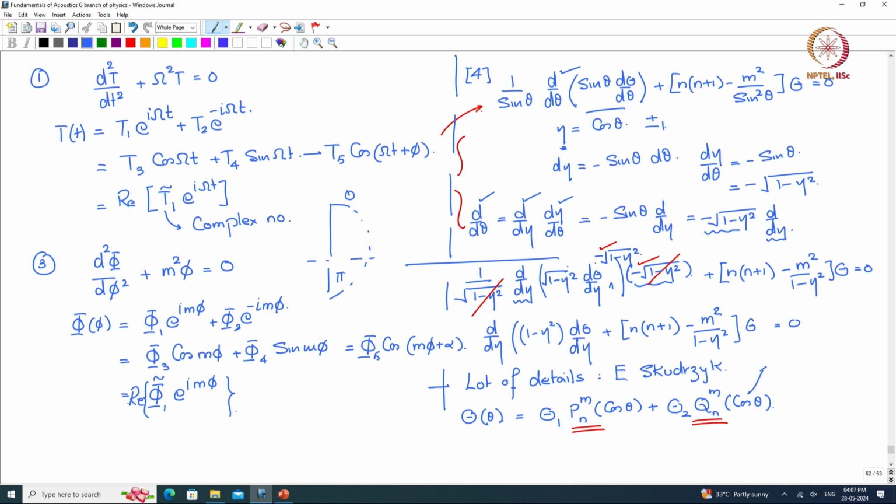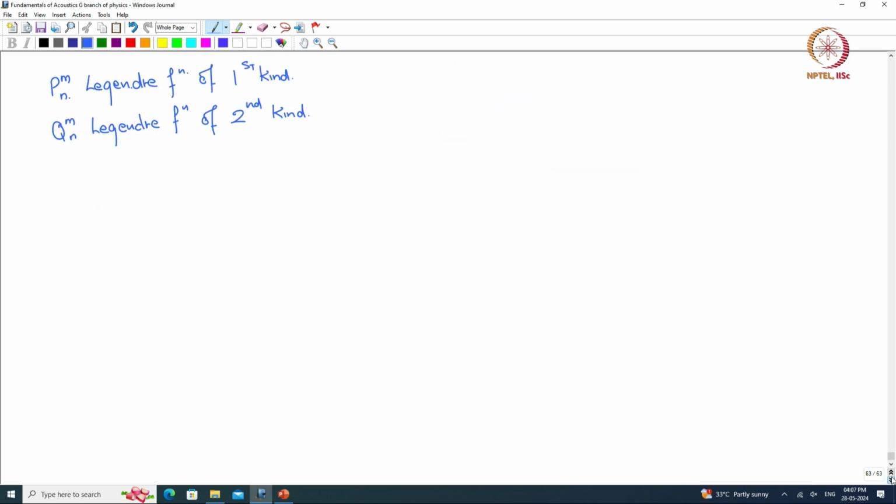So this argument goes to plus 1 and goes to minus 1. So now this Qmn, whose argument is cos theta, where theta is ranging from 0 to pi, at plus minus 1 this Qmn blows up. Qmn of plus minus 1 is infinity.